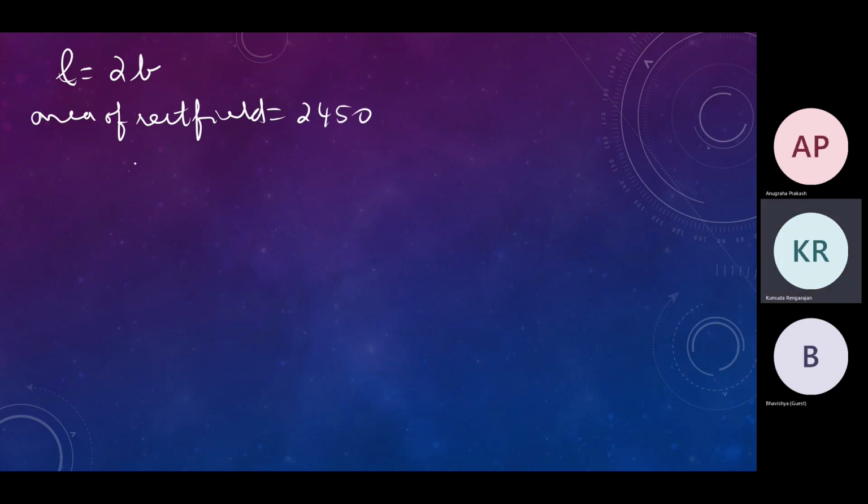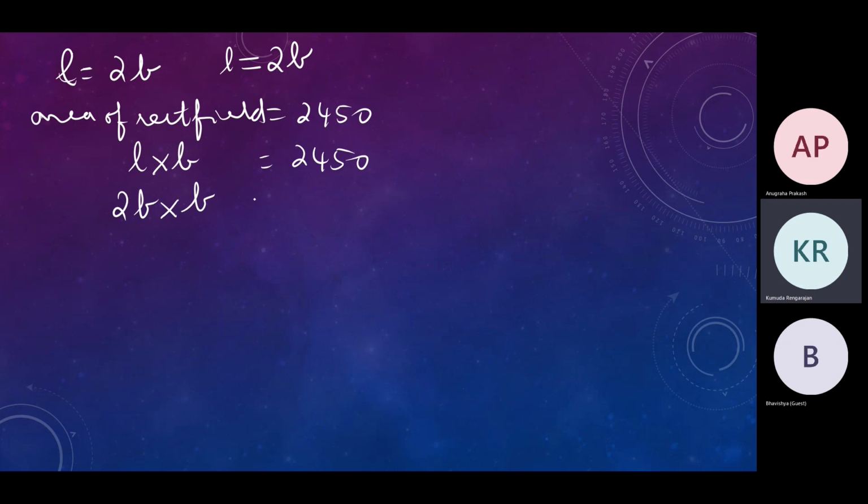So that means length into breadth is equal to 2450. Length is twice the breadth, so L is equal to 2b. Substitute that into length times b, which is equal to 2450.